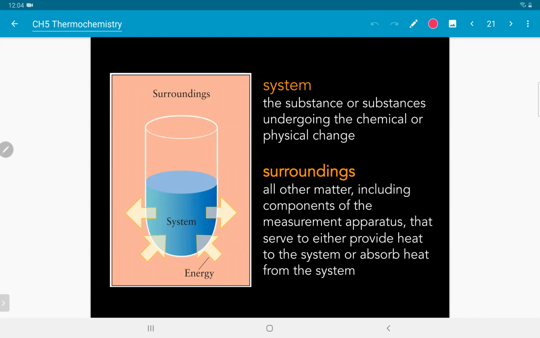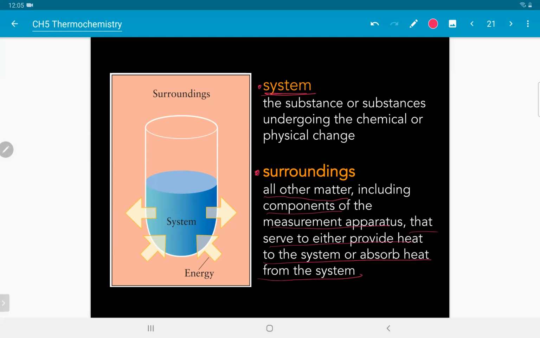So when we think about calorimetry, like I said, something's going to be losing heat and something's gaining heat. All right, so we define two things. We have a system and we have the surroundings, okay? So the system is the substance or substances undergoing the chemical or physical change. The surroundings are referred to as all other matter, including the components of the measuring apparatus, which is just a fancy way of saying including the thermometer that you've got in your solution, that serve to either provide heat to the system or absorb heat from the system.